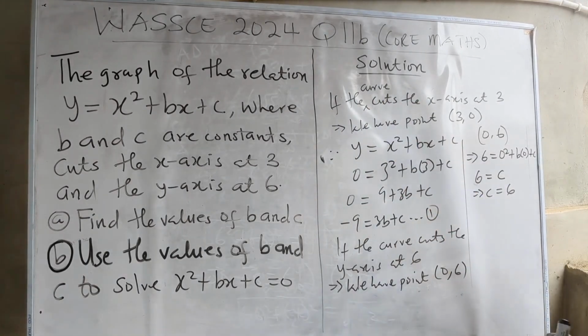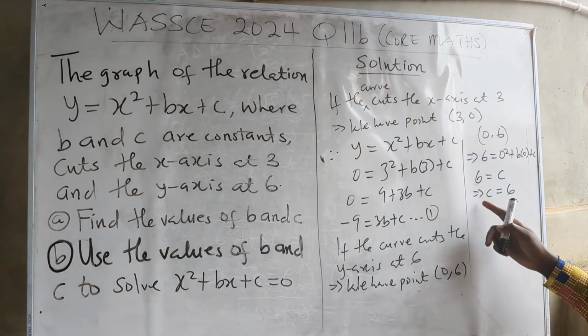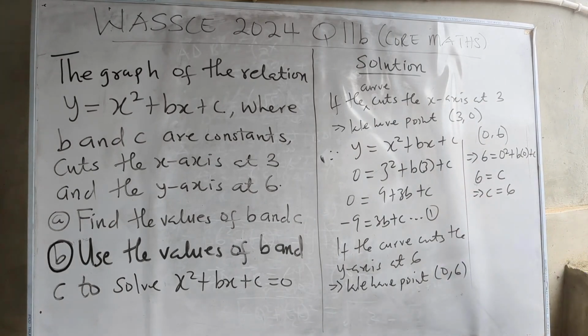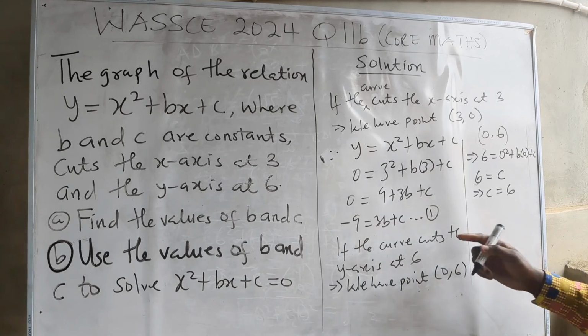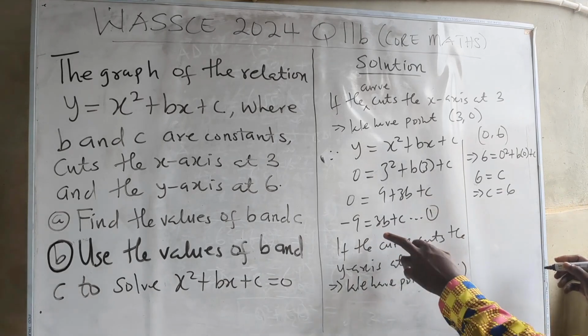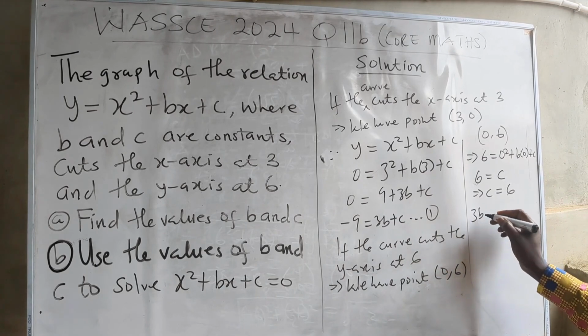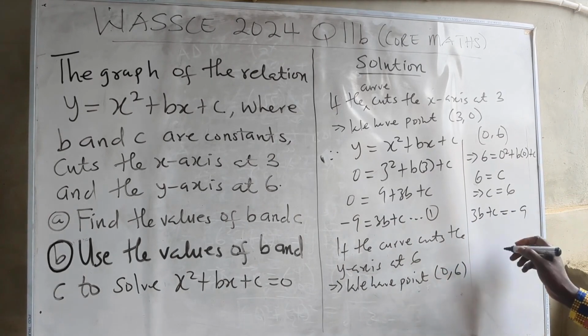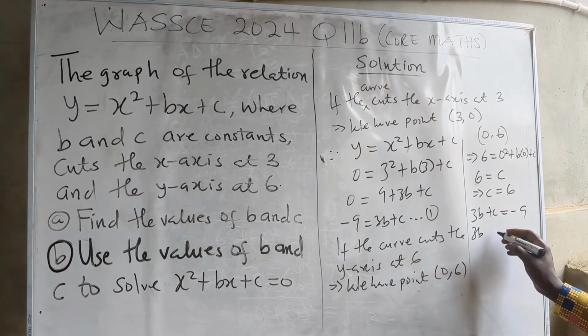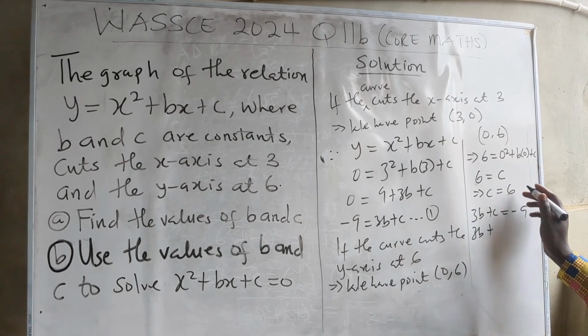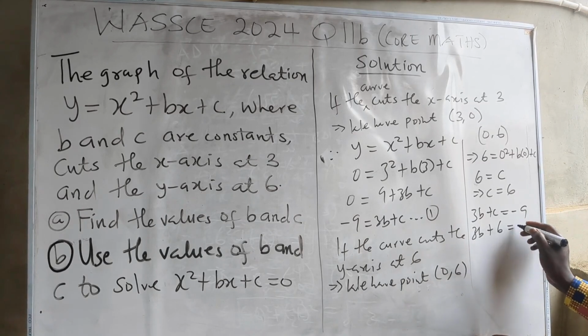Okay. So if the curve cuts the s-axis at 3, we have gotten our c to be equal to 6. If c is equal to 6, let's come to our equation 1. Our equation, we said what? 3b plus c equal to negative 9. So that I have 3b plus, what is the value of c? 6, equal to minus 9.